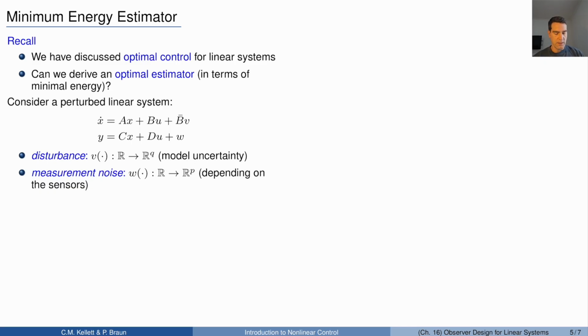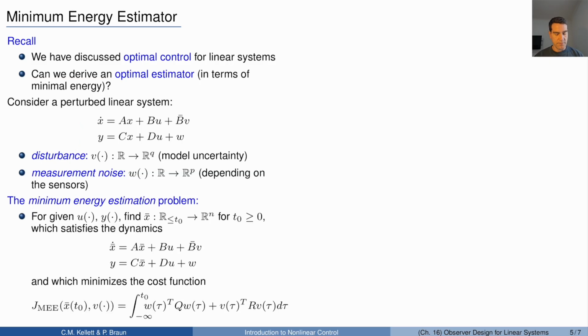And here the setup we start with is again a linear system, but now we additionally assume that we have uncertainty and disturbances and noise present here through B bar times V and this additional noise term W.